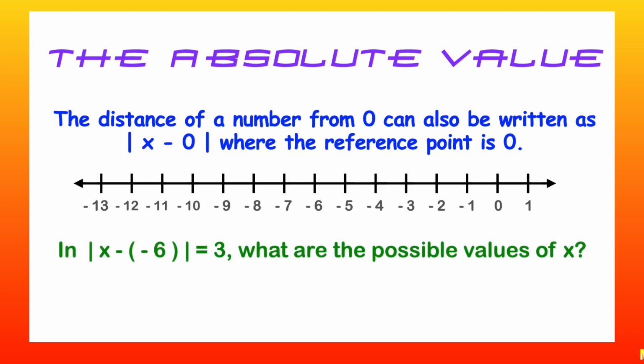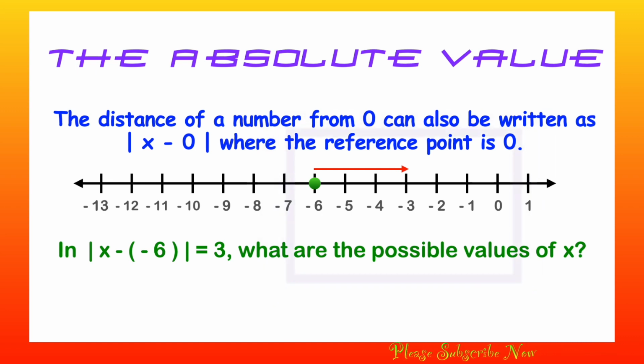In the absolute value of x minus negative 6 equals 3, what are the possible values of x? The reference point for this equation is negative 6. So plot negative 6 on the number line. Then move 3 units going to both sides. Going to the right first, 3 units. 1, 2, 3. It stopped on negative 3.